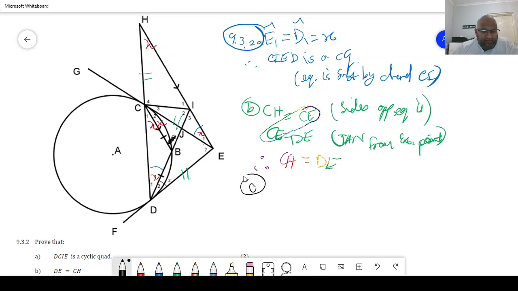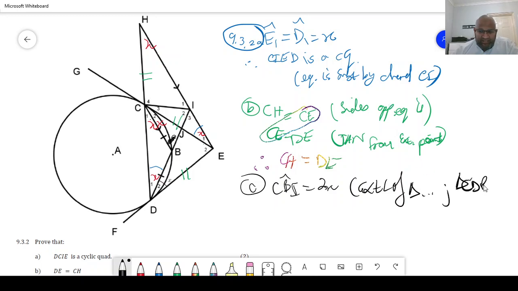So we know that firstly angle CBI is equal to, as you can see, exterior angle is equal to sum of two interior opposite. CBI is equal to 2x. Why? Exterior angle of triangle is equal to the sum of the two interior opposite, and it's triangle CDB.